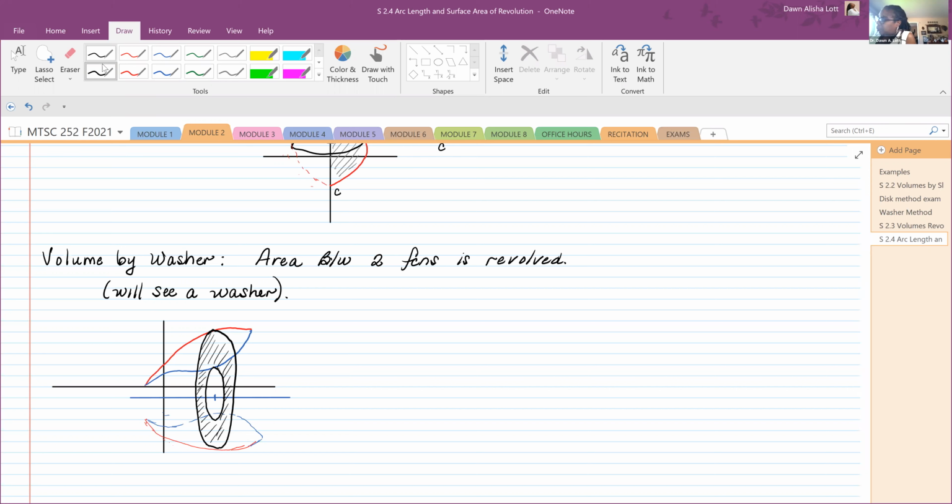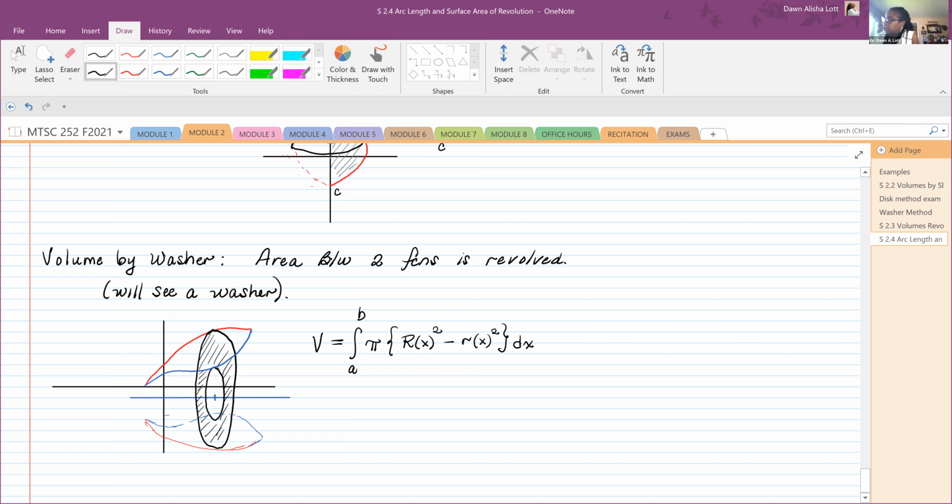So my volume is the integral from a to b of pi, I'm going to have a big radius of x squared minus a little radius of x squared dx.